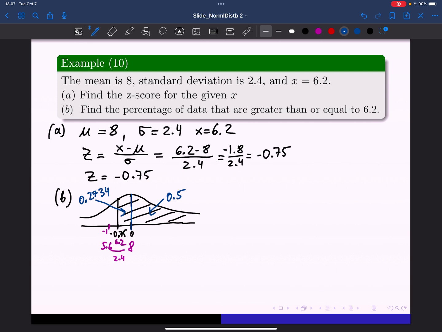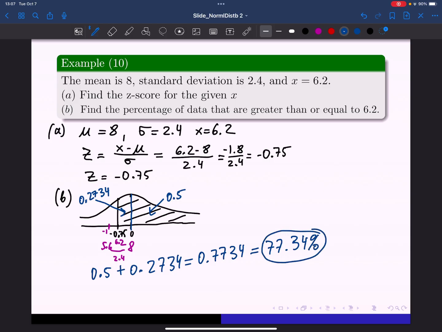So then the given area would be 0.5 plus 0.2734. So in that case, we're going to have 0.7734. And they ask us for percentage, so it's 77.34%. They ask to find the percentage of data. So this is the percentage of data that are greater than 6.2.